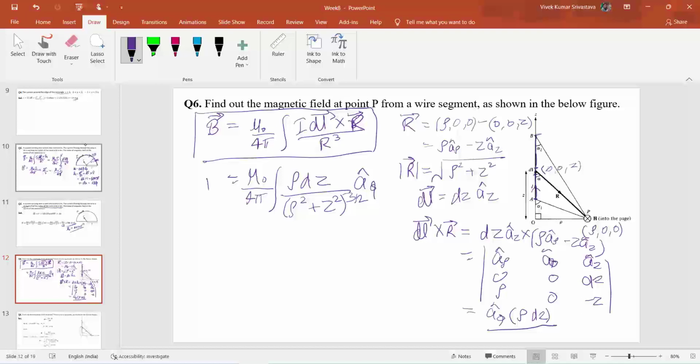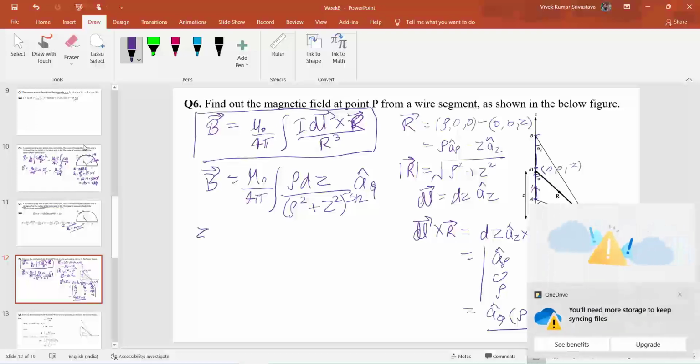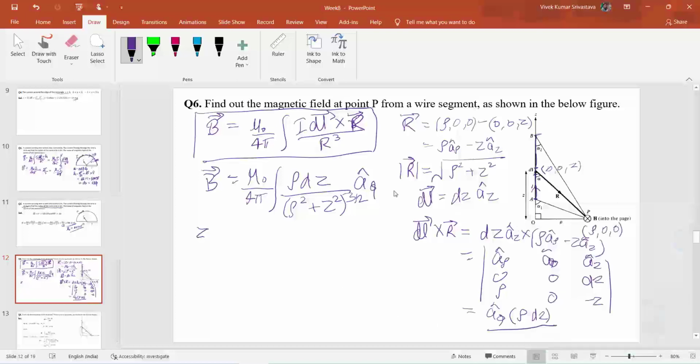So we have to determine this integral to find out how much magnetic field is generated at this point P. For determining this integral, we have to use the substitution method. So we will put the value of z as rho cot alpha.